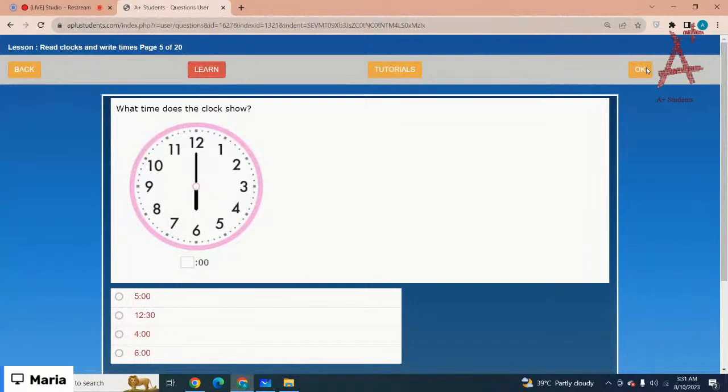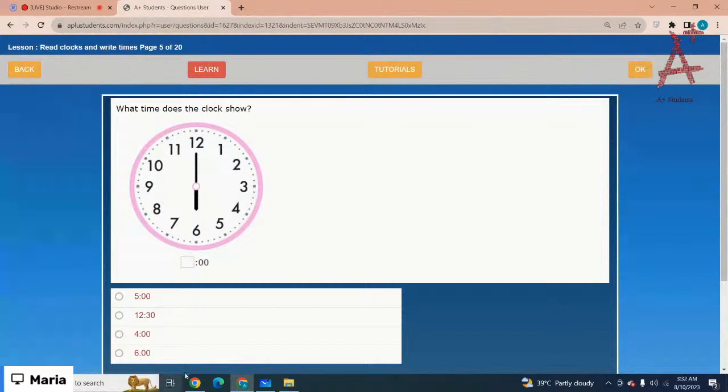Okay, what time does the clock show? So which is the correct option? Yes, it is 6.